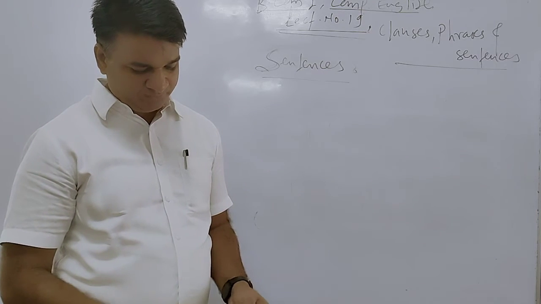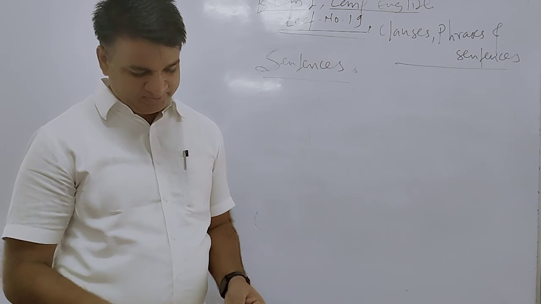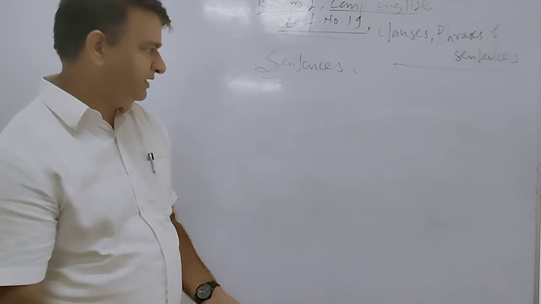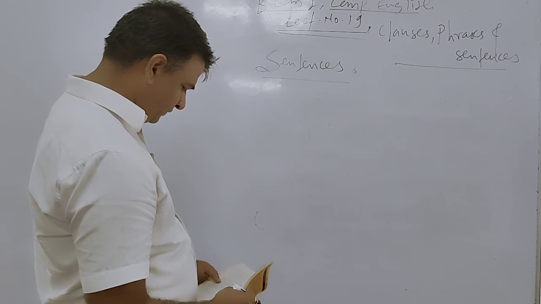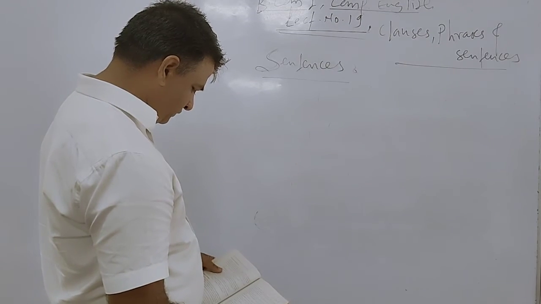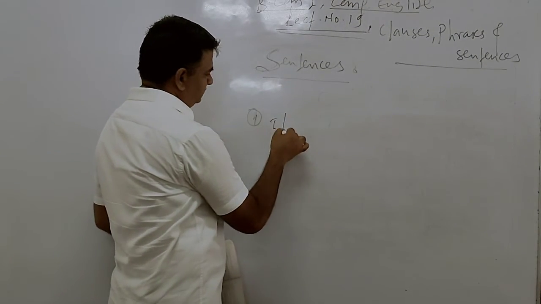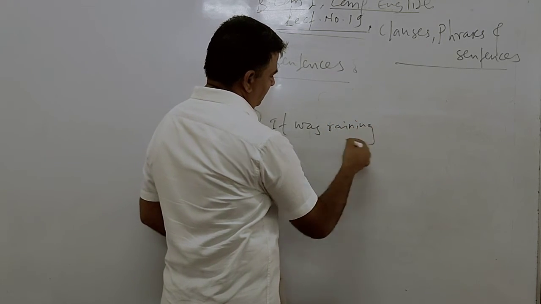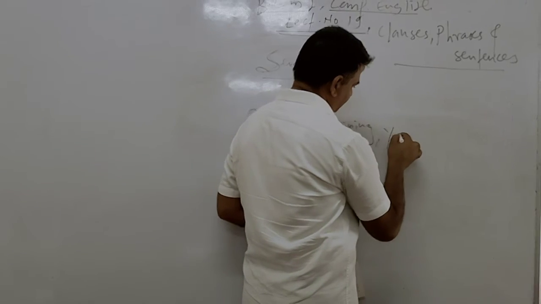After this, we will see some examples of compound and complex sentences. It was raining and we went shopping.